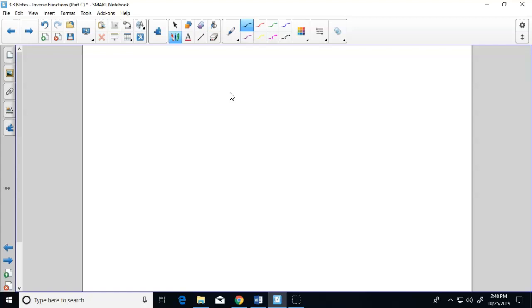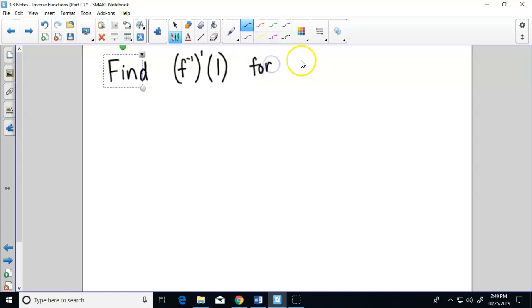Okay, so let's just take... I'm going to ask you to find f inverse prime of, let's see, one for f of x equals the square root of x plus 3.